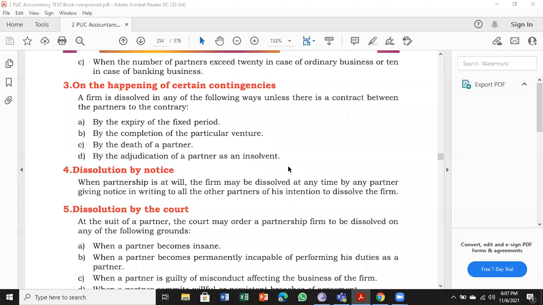I was telling in the beginning, if a partner who is in charge of the business, an active partner, dies, and the other partner is not capable, not efficient, not interested to run the business, then the business has to be closed.